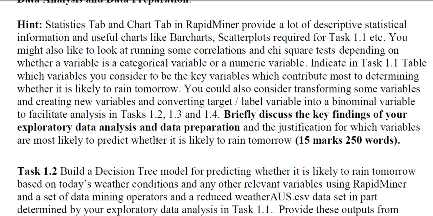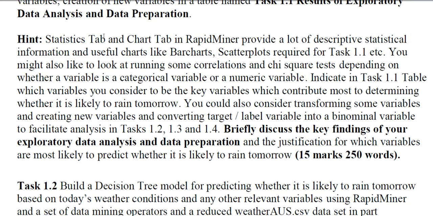Now we need to create the exploratory data analysis. We will be creating a table for it. Then we conduct some analysis to decide whether the given variables are okay or whether we need to make any changes. I will brief you all the information. Just try to understand it and properly write it in your report.